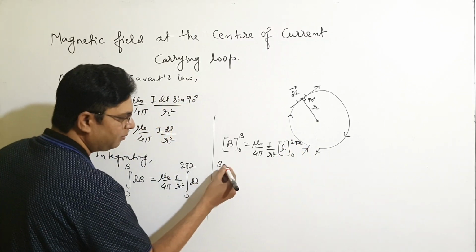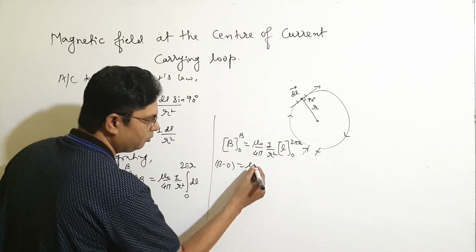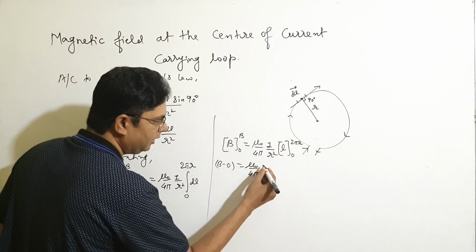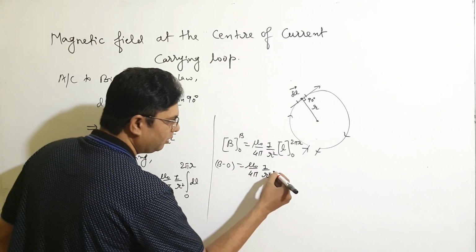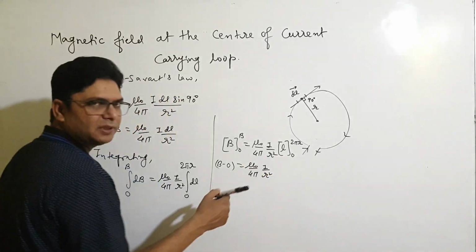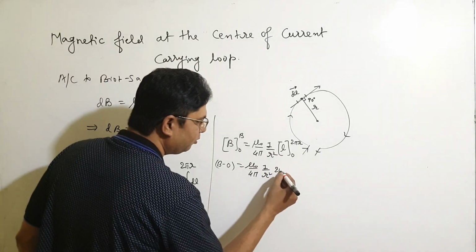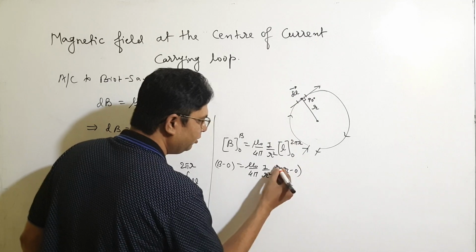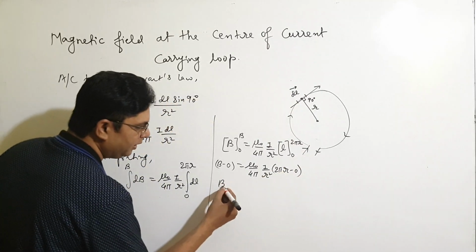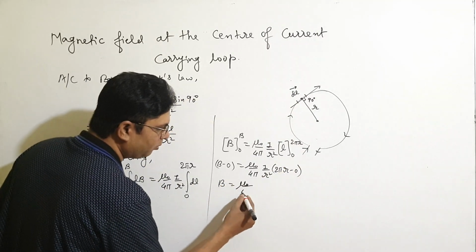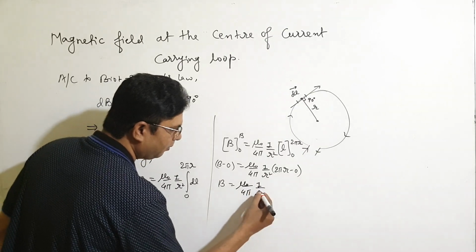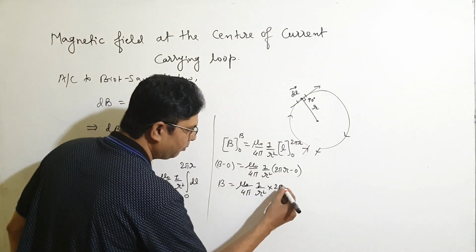Now this is B minus 0 equals mu naught upon 4 pi I upon r square, and l will be replaced by 2 pi r. So write here 2 pi r minus 0. So you have B equals mu naught upon 4 pi I upon r square into 2 pi r.